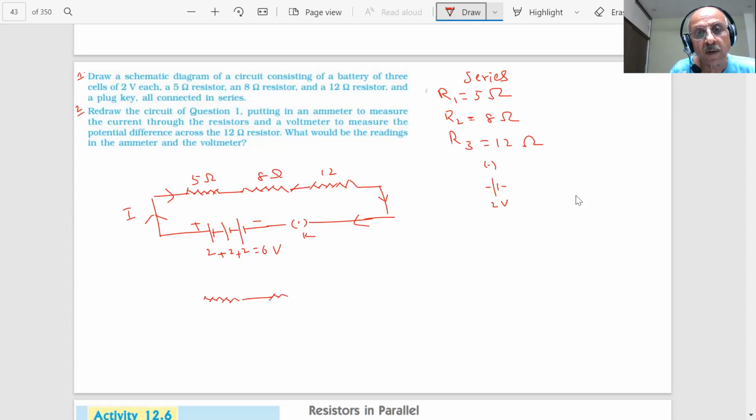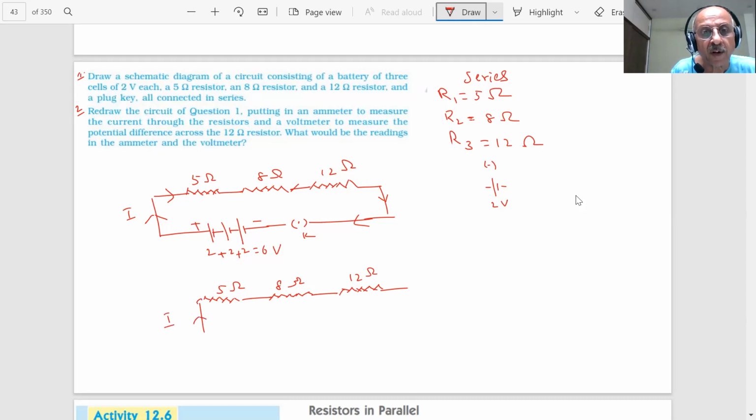1, 2, 3, then 5, 8, 12 ohm. What is happening?